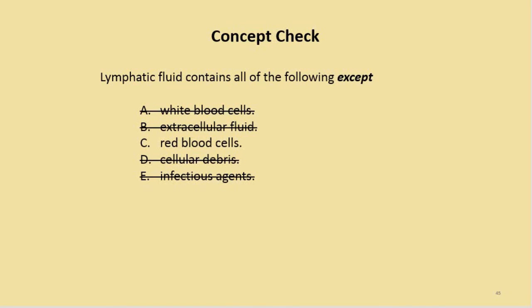In other words, they stay in the blood when the filtration occurs to produce the extracellular fluid. Now, of course, you could argue that it doesn't contain extracellular fluid because as soon as it leaves the interstitial space and goes into the lymphatic vessel, it's no longer called extracellular fluid, it's now called lymph. But we don't need to get quite that technical.